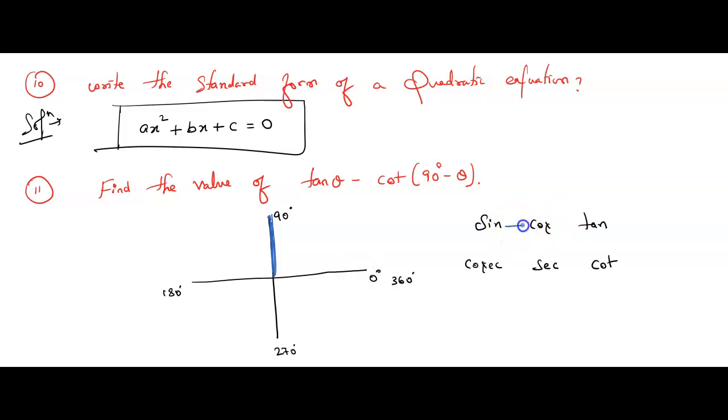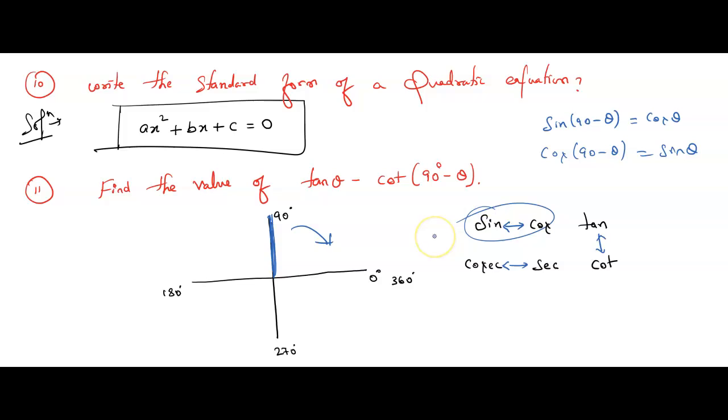See, here the logic is sin and cos, tan and cot, cosecant and secant. Sin of 90 minus theta, minus means first quadrant, is called cos theta. Similarly, cos of 90 minus theta we call sin theta.